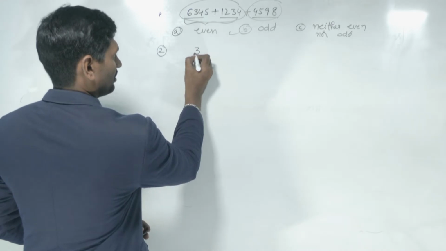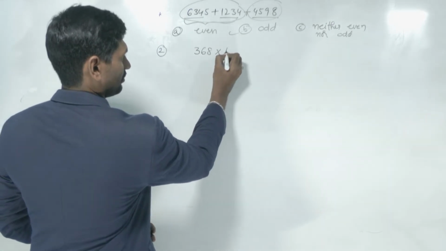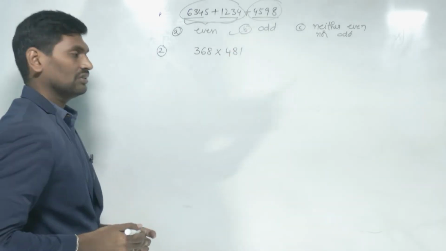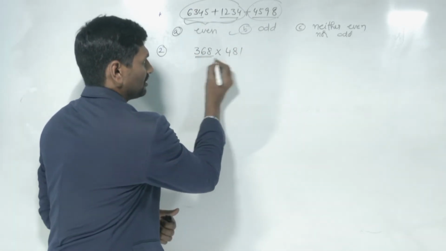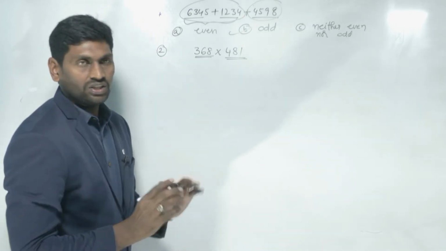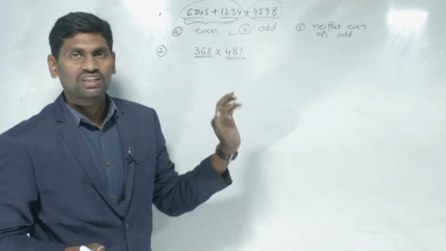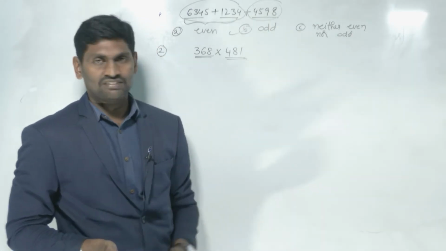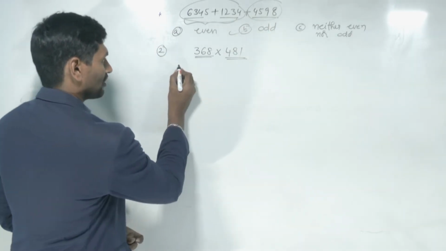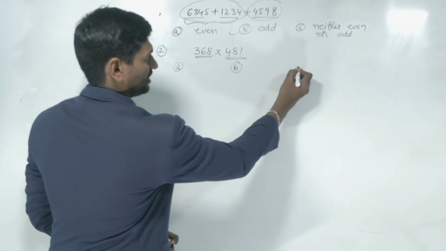Find this one. One even number, one odd number. Only the same options A, B, C. A is even, B is odd, C is even. Yes, just remember the conditions.